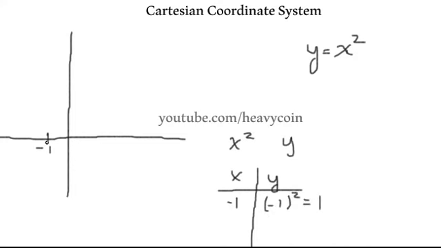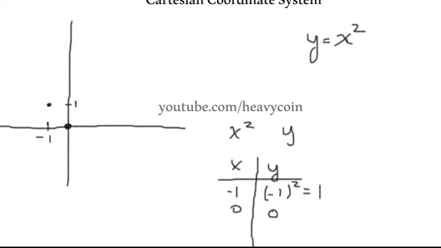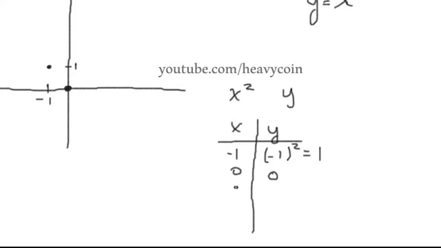So -1, 1. So we're going to plot that point right there, and then we plug 0 in. 0 squared is 0. So then it's passing through the origin. This is the origin here, and kind of running out of room here. Plug 1 in. 1 squared is 1.